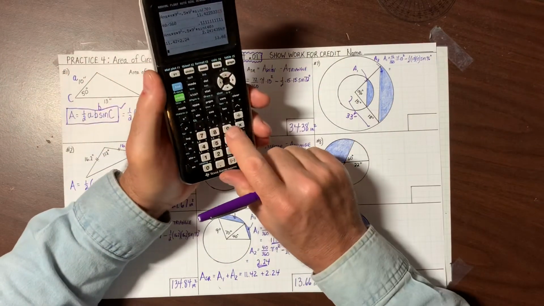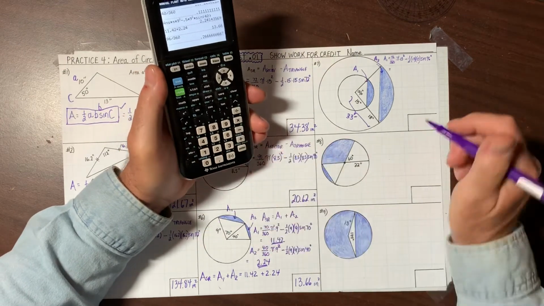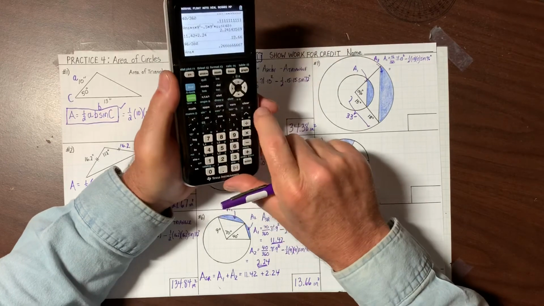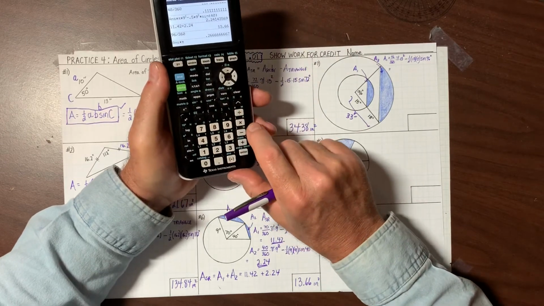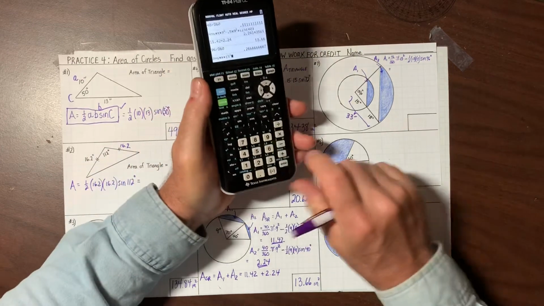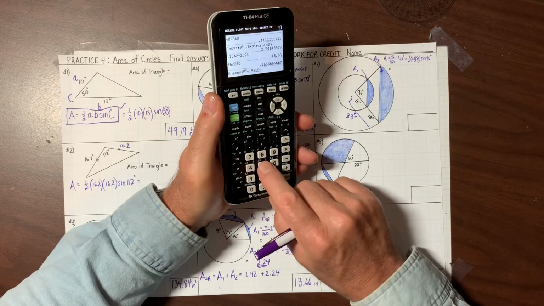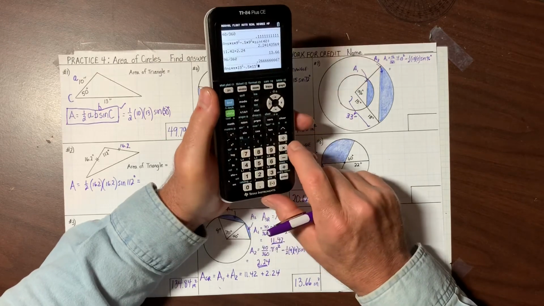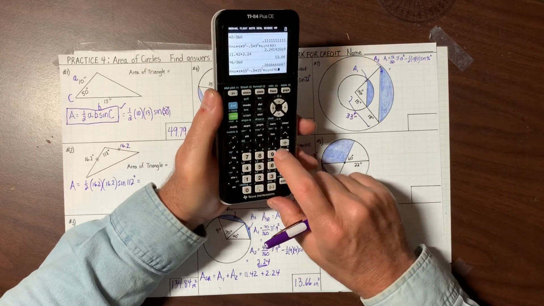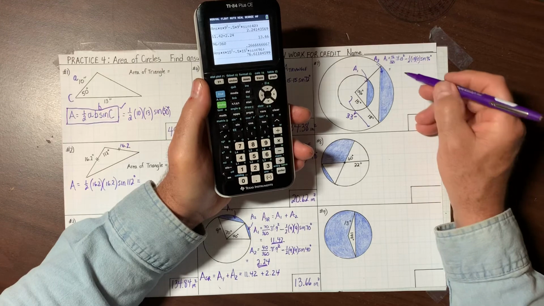So I'm going to do 96 divided by 360 and hit enter to take care of that fraction. Then I'm going to go times pi times 15 squared minus 0.5 times 15 squared times the sine of 96 degrees, close parenthesis, enter. And I'm getting 76.61.